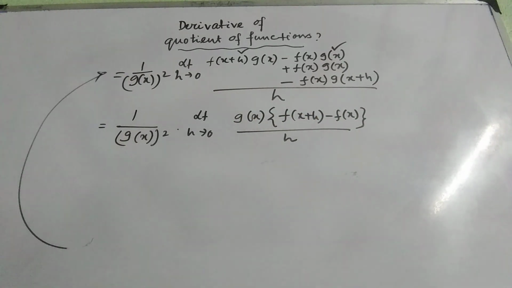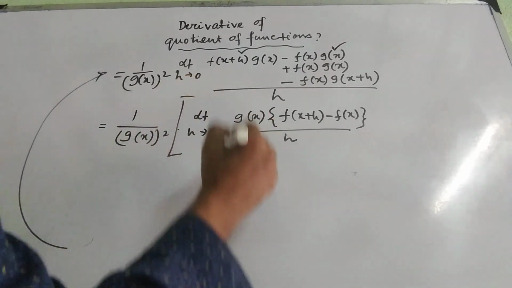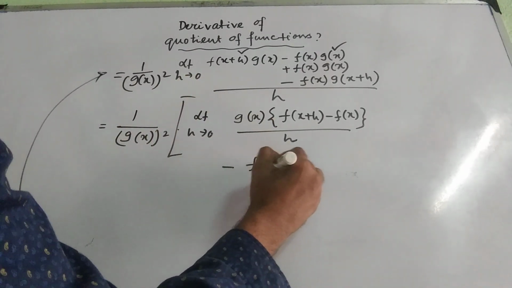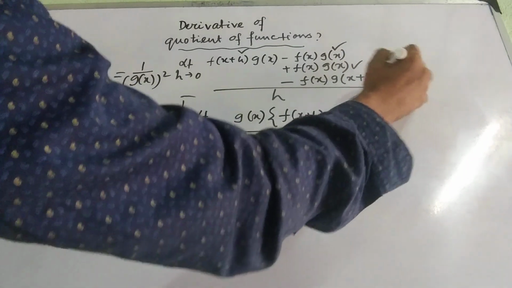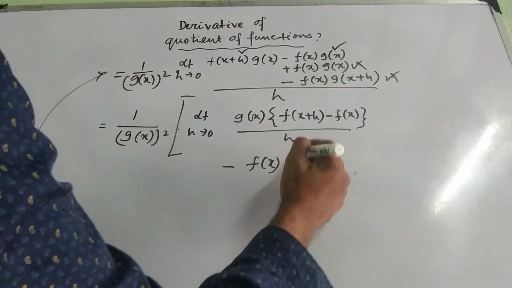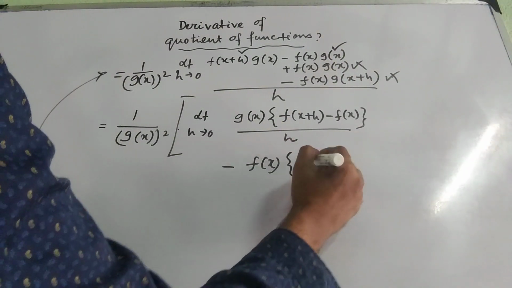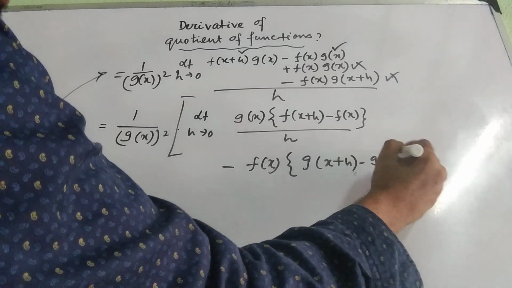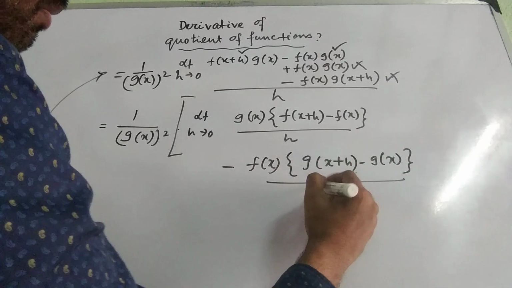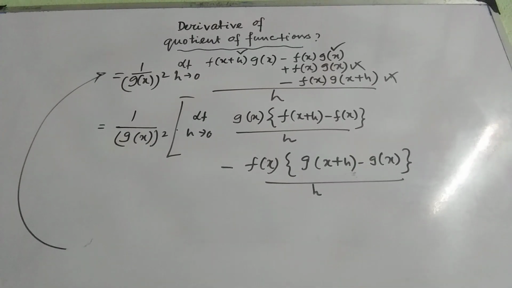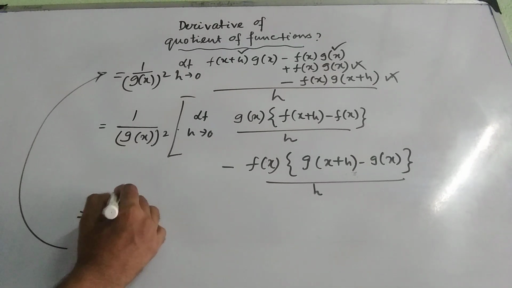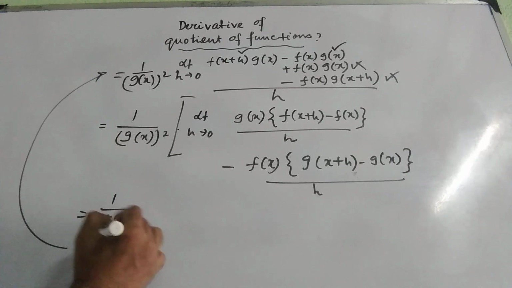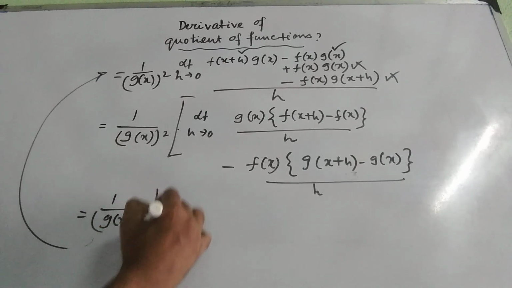I am segregating that into two limits. And minus f(x), if I take common from the third and fourth expressions, then it will be [g(x+h) minus g(x)] divided by h, right? So 1 by g(x) squared is outside of the limit.